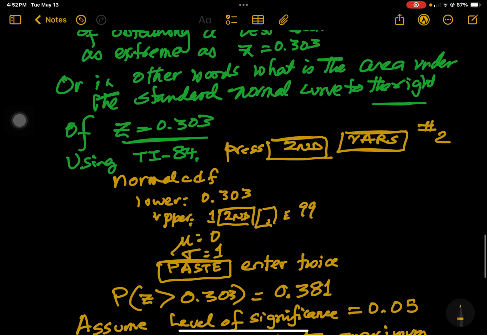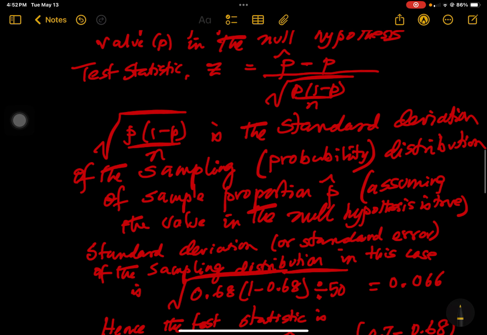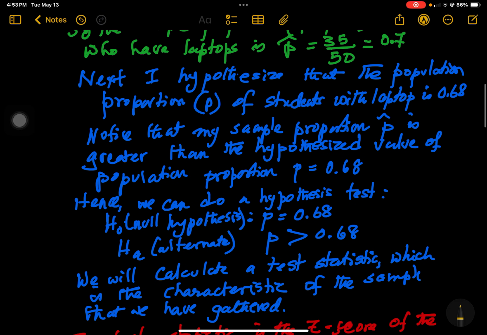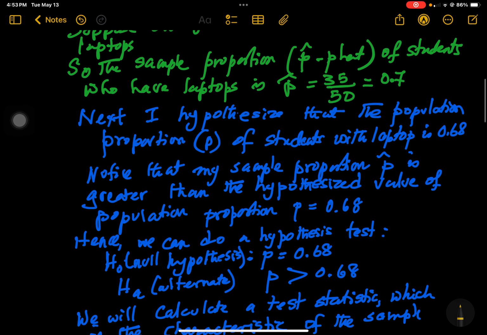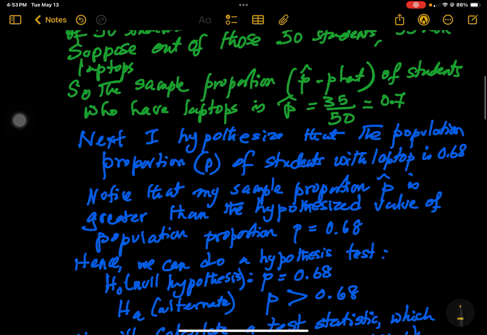Okay, so before I carry on any further, I'm trying to do a hypothesis test for a population proportion. So I'm going to make an educated guess about the population proportion, because I cannot reach the entire population. Before that, I will collect a simple random sample from the population, maybe a sample size of 50, and 35 out of 50 students have laptops. So my sample proportion of students who have laptops is p hat equal to 0.7.